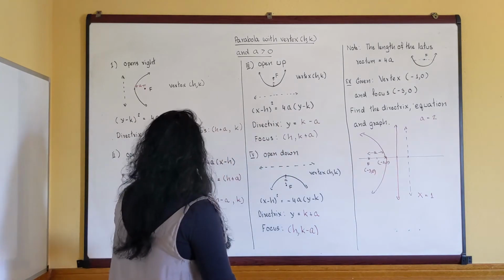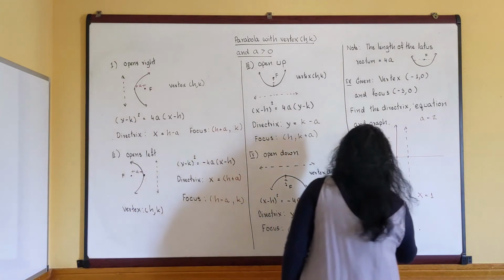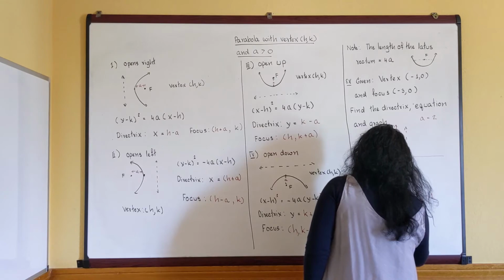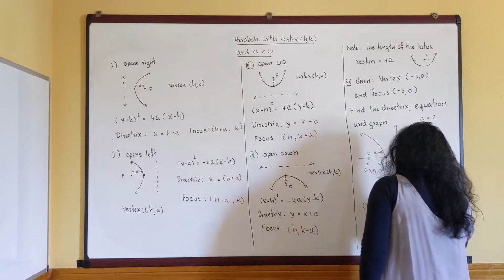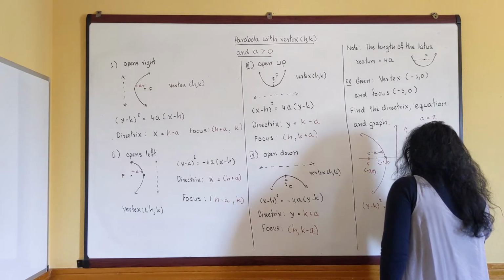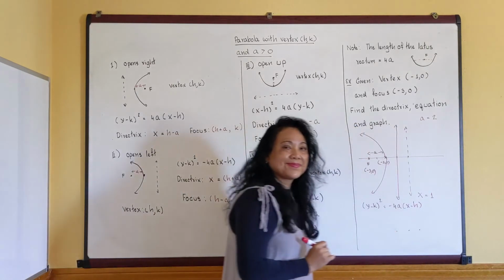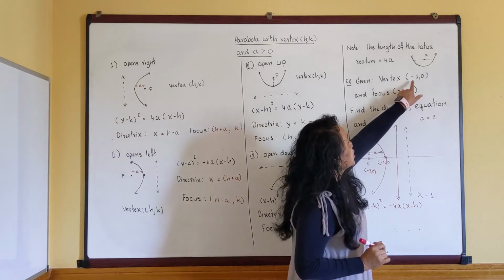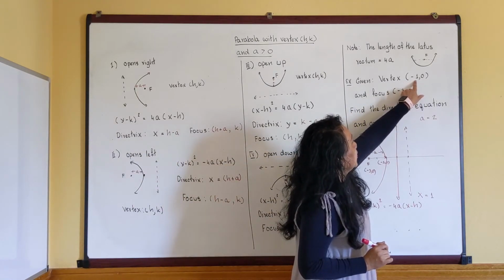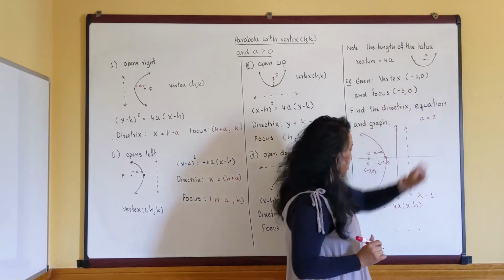Now because it's open to the left, you're going to have (y minus k) squared equals -4a times (x minus h). The vertex is (-1, 0), which means h is -1 and k is 0.